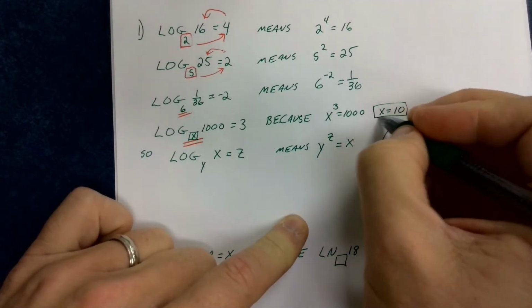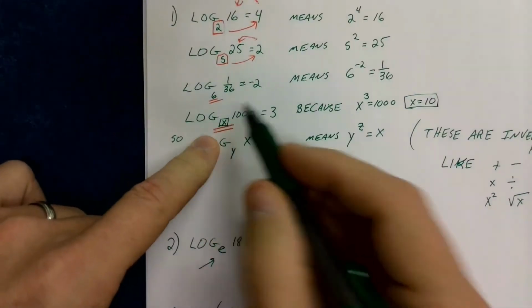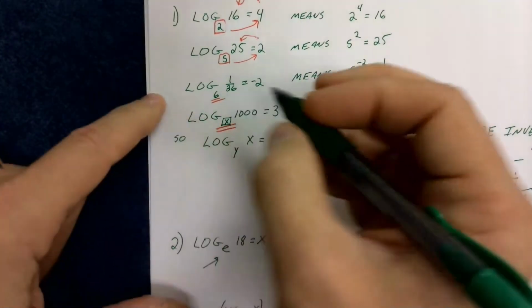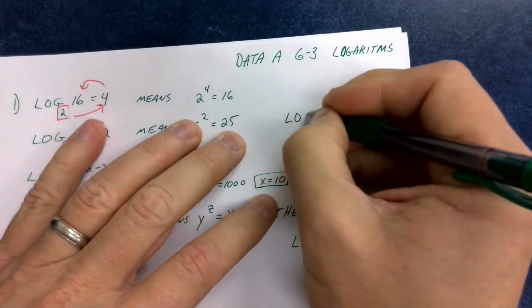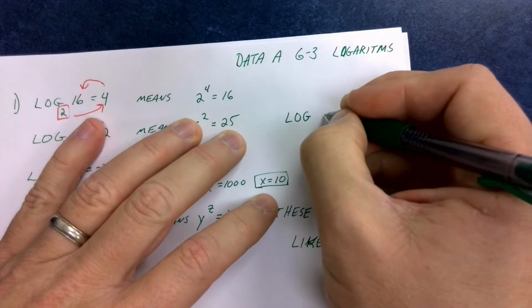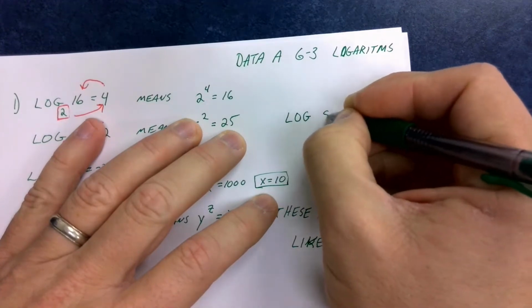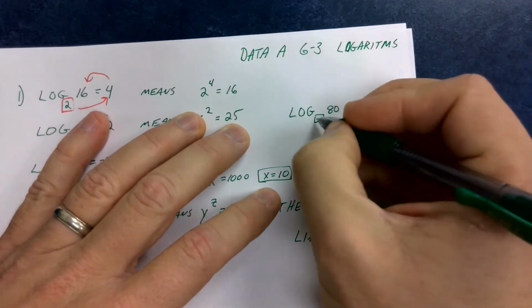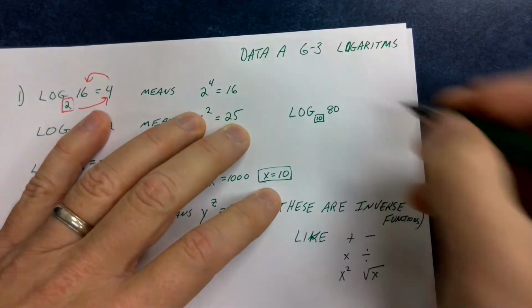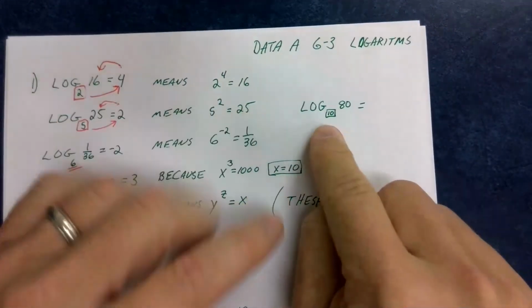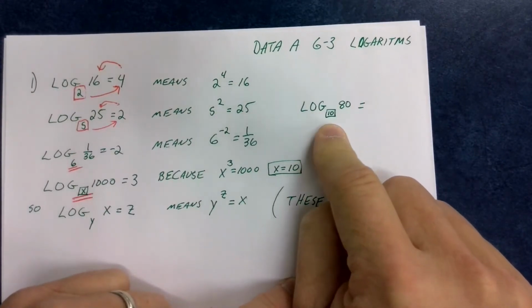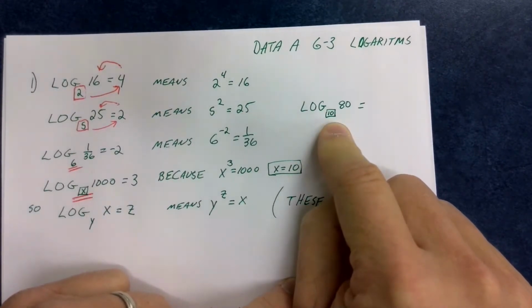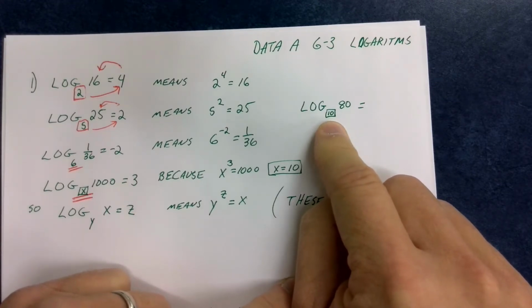So awesome. That means that every time that I push the log button on the calculator, so if I do the log of, say, 80 on my calculator, it's going to have an implied base of 10 when it gives you the answer. So if there's no base written in the problem, if there's nothing written, it's implied to be base 10.